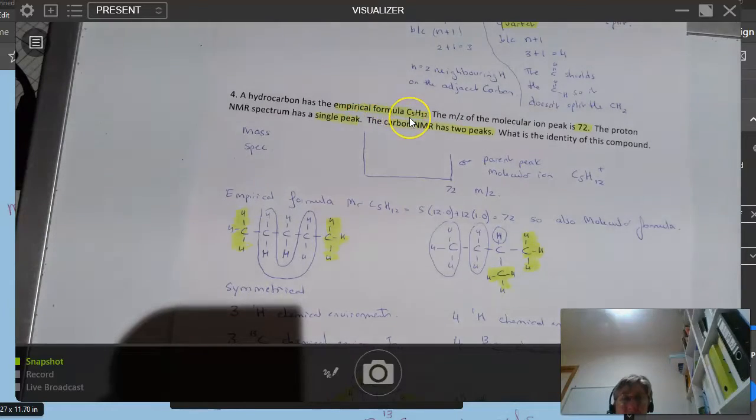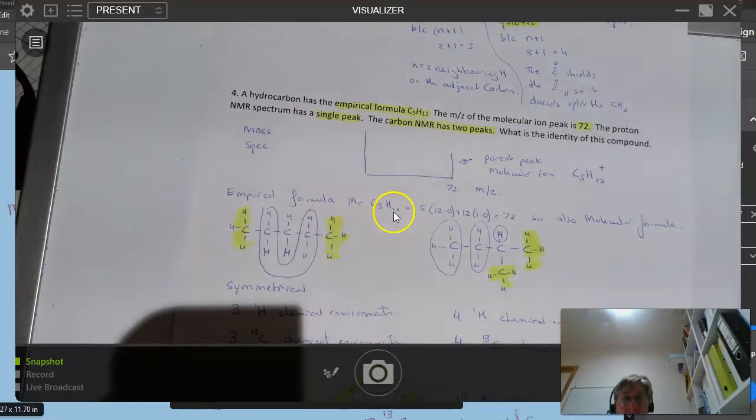So the empirical formula has got 5 carbons and 12 hydrogens, so it could be twice that, 10 and 24, but the largest peak on the mass spec is at 72, and if you add up the size of this formula, you get 72. So the simplest formula and the actual formula are the same thing, and this peak is caused by that whole molecule having lost an electron and being positively charged, moving through the mass spec.